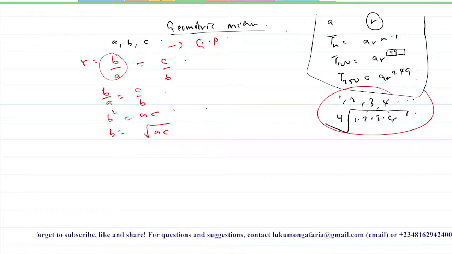That is the geometric mean of 2 numbers. It's just the positive square root of their product.